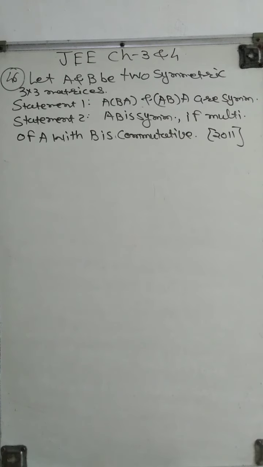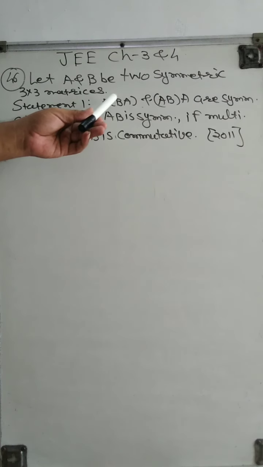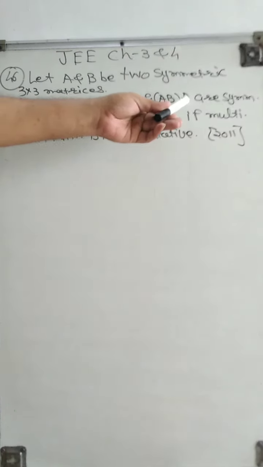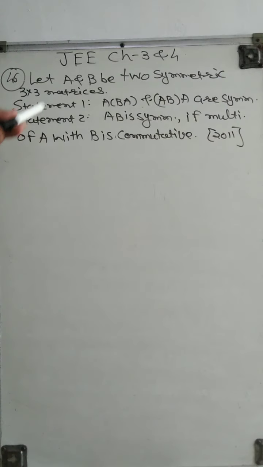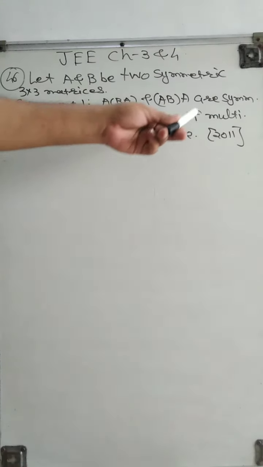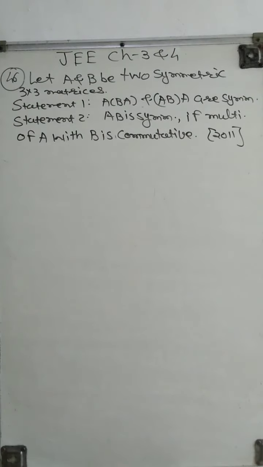Next, let A and B be two symmetric 3 by 3 matrices. Statement 1, A, BA and ABA are symmetric. Statement 2, AB is symmetric if multiplication of A with B is commutative. So first of all, here we check whether statement 1 is true or not.